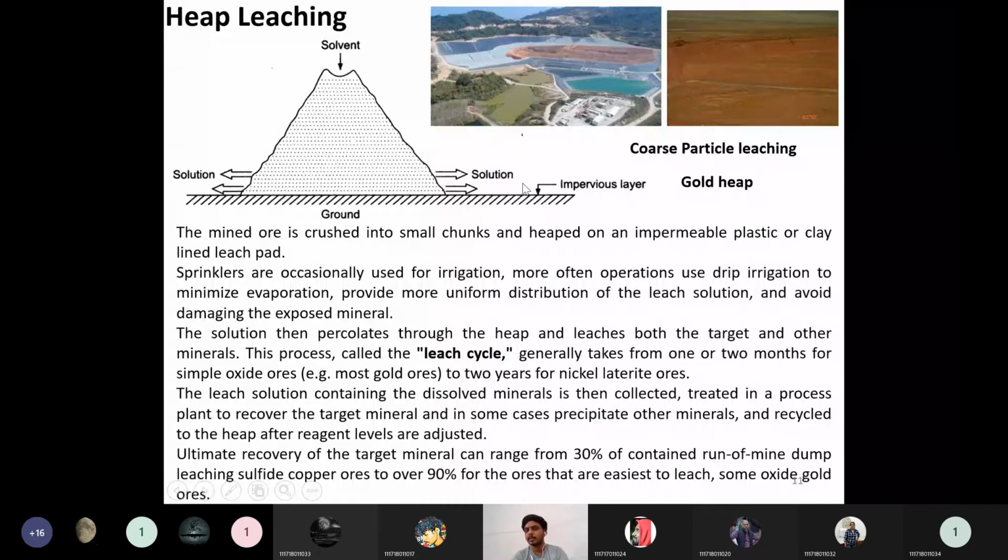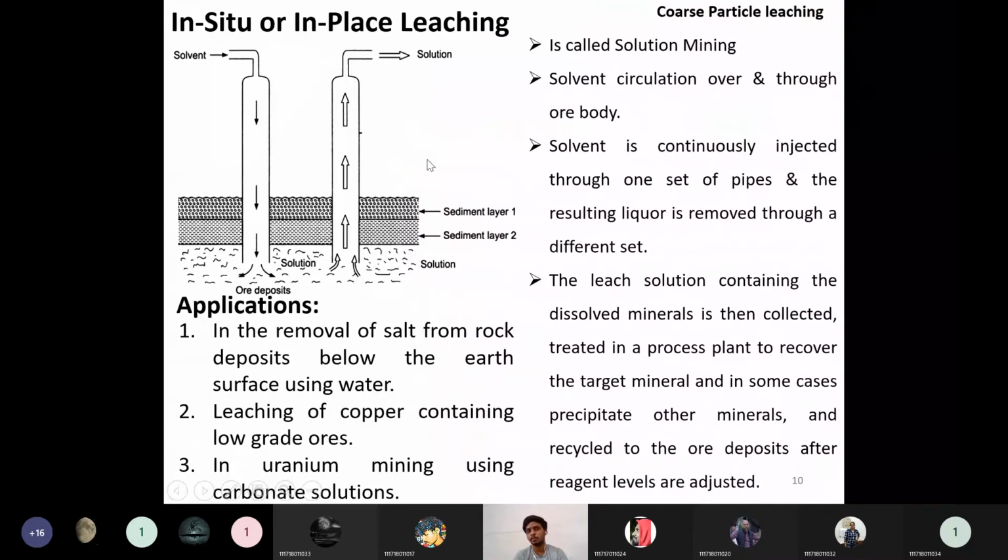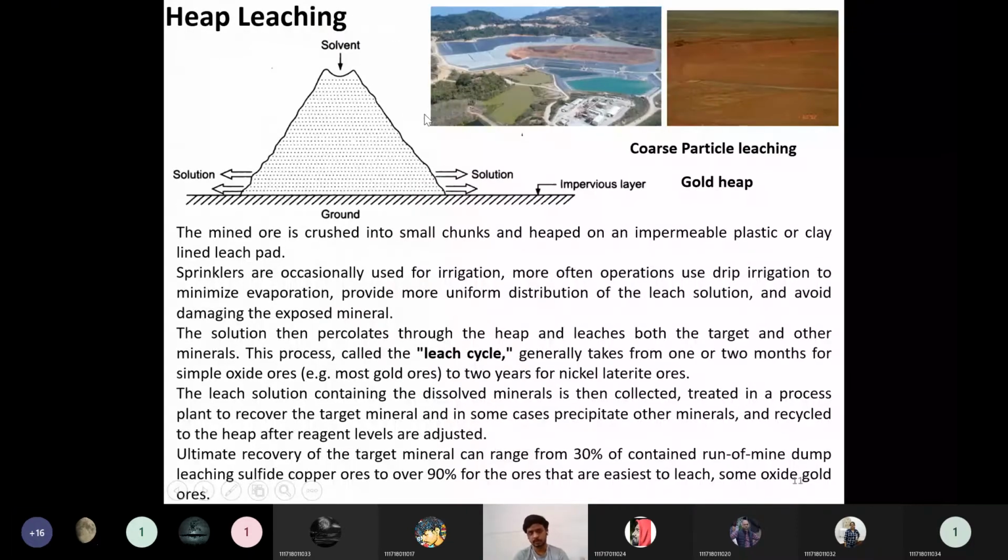Then this solution will be collected in a suitable setup and subjected to further purification. The popular application here is gold ores. After extracting a small percentage of gold by in situ leaching, much smaller amounts of gold can also be extracted using heap leaching.